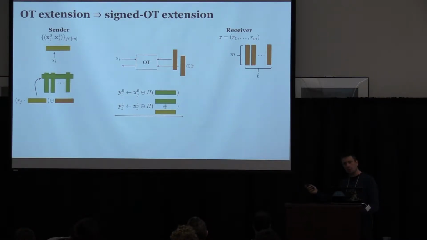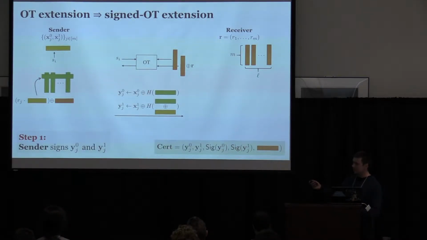Okay? So you see where I'm going with this, that now Alice can sign things that she's sending to us, and we can refer to that signature. Okay? So now this is not quite final, there's a couple more touches we need to do, but for now we can say that the certificate that Bob is able to obtain after this OT extension is these two messages that she sent, together with the signatures that Alice provided on these lines, together with the orange row of Bob.